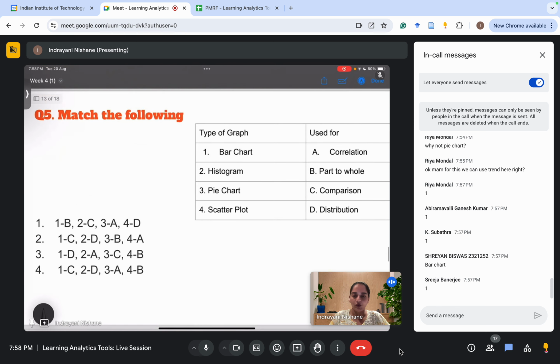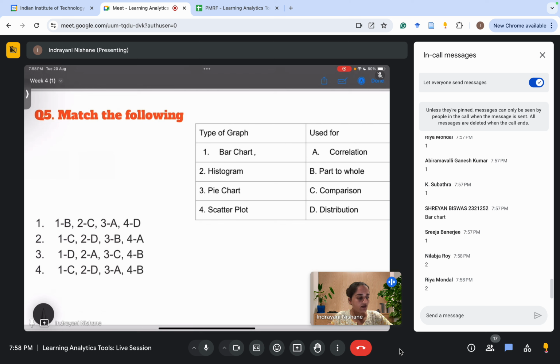Now match the following. I will give you some time. Bar chart, histogram, pie chart, scatter plot is in one column, and the next column is correlation, part to whole, comparison and distribution.